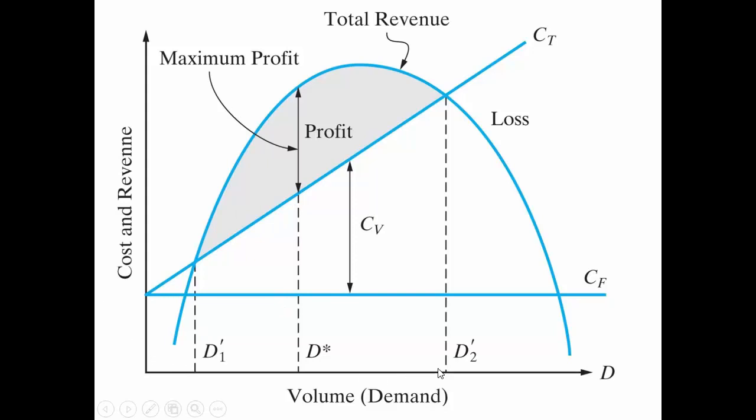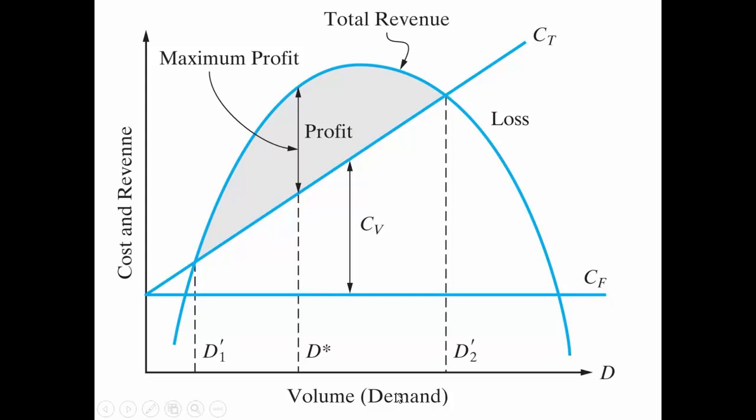Who can explain what's the problem with being to the right of D prime 2? Terry? Shoulder shrug from Terry. You're selling a lot of them, but it's costing more to make the product than you're selling them for. Okay.